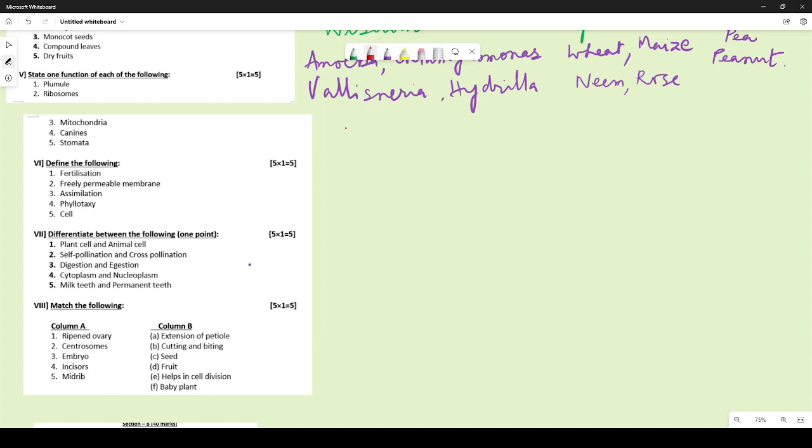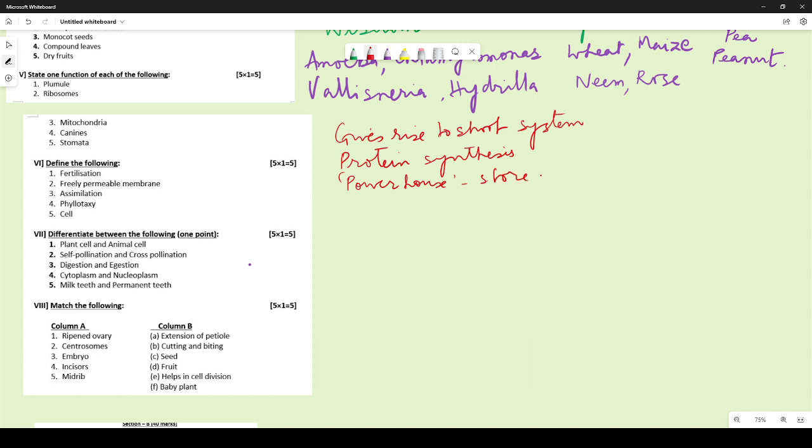Now you know that the plumule gives rise to the shoot system, isn't that? It gives rise to the shoot system. Give one function of ribosomes. They help in protein synthesis, right? Then function of mitochondria: they are called the powerhouse of cells and they help in storage of energy.